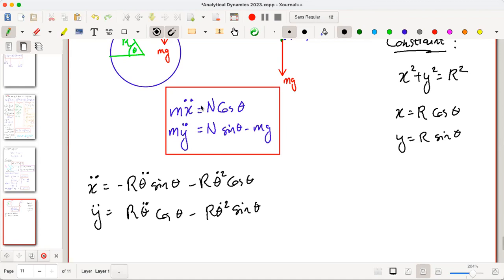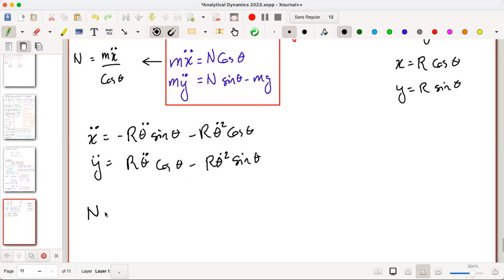And then we can also extract n from here. n is just m x double dot over cosine theta, right? x double dot is here. So n is just minus m r times theta double dot, sine divided by cosine is just tangent theta, minus, cosine divided by cosine is 1, so this is theta dot squared.